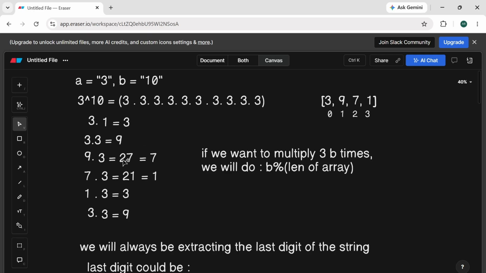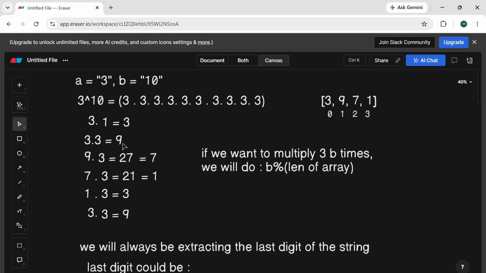But the last digit of 27 is 7. So I'll multiply 7 into 3, instead of multiplying 27 as a whole with 3. I'll multiply only the last digit with the 3, so it would be 21. Similarly, again multiply the last digit with the 3. Why am I saying this? Let's say the answer of 9 into 3 is 27.